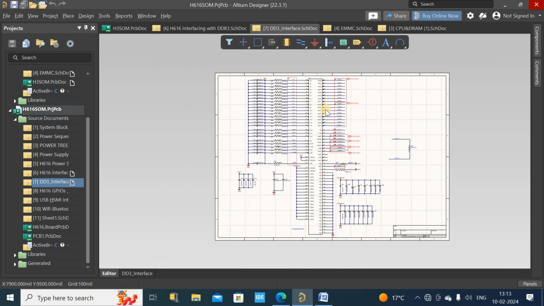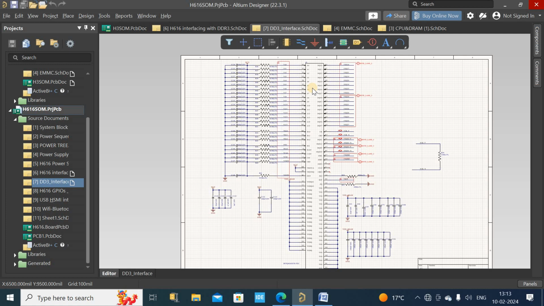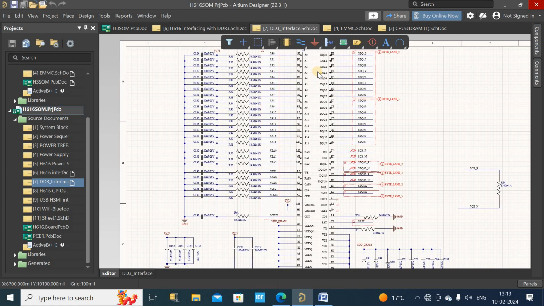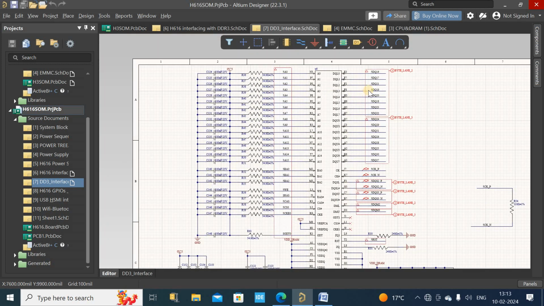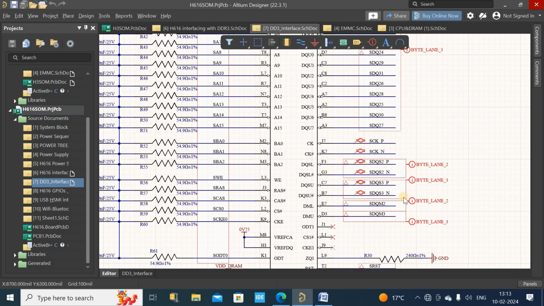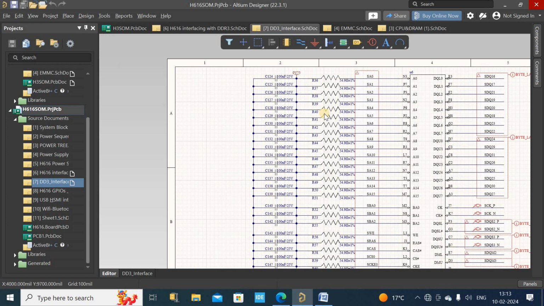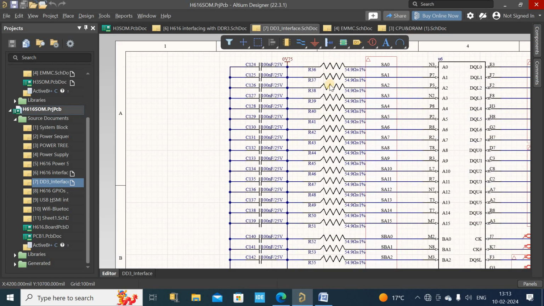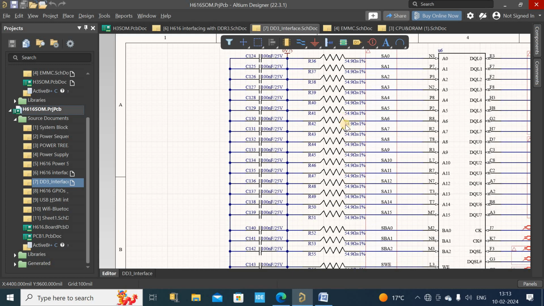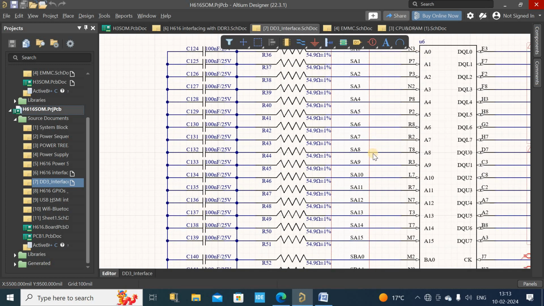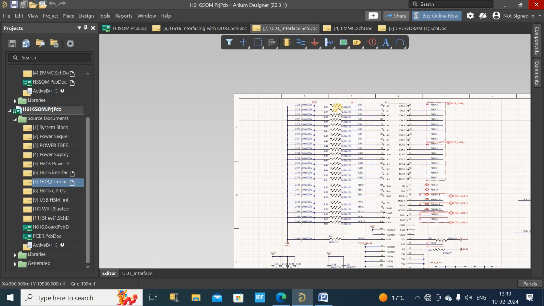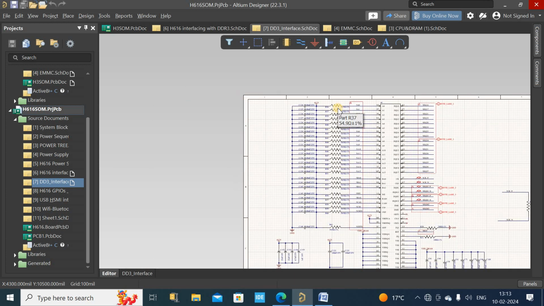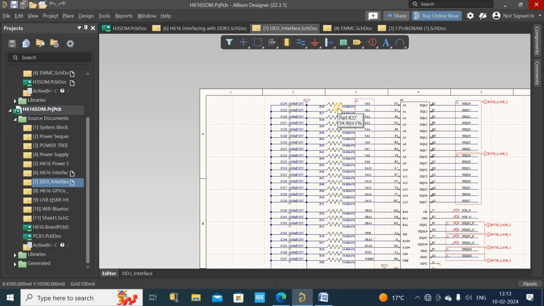Down here again we have the DDR3 memory interface, and the same goes here also: address, data lines, clock. As you can see here, this bunch of resistors is connected in series with these address lines, and they are nothing but the series termination resistors, in order to prevent reflections, because these two memory chips are interfaced in fly-by topology for better signal integrity.